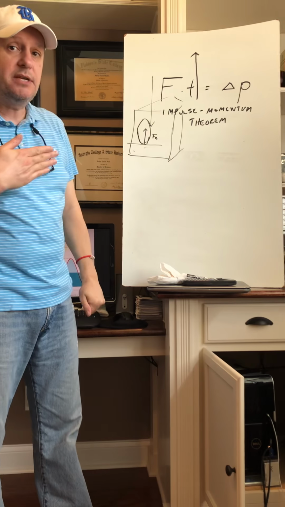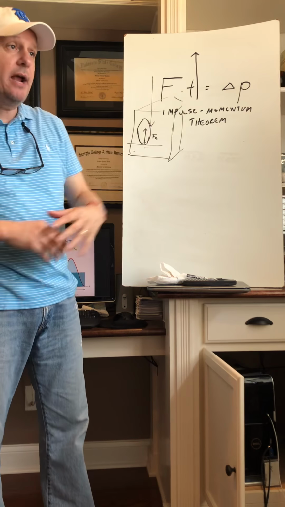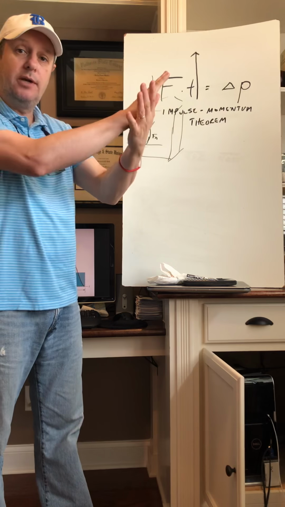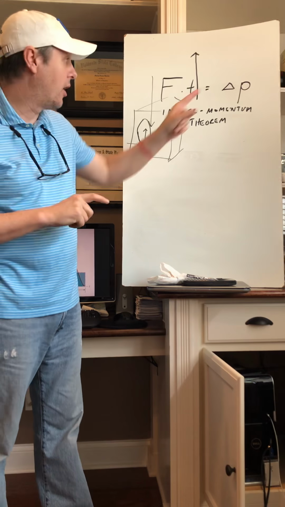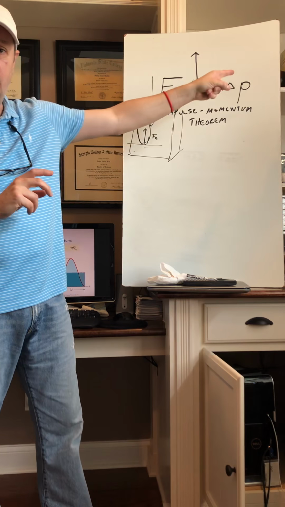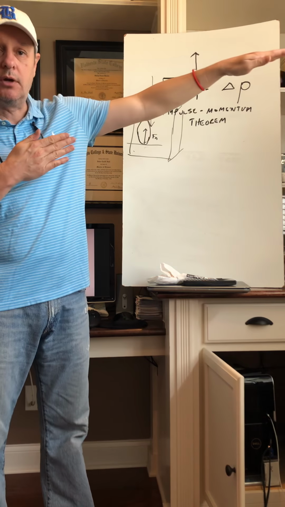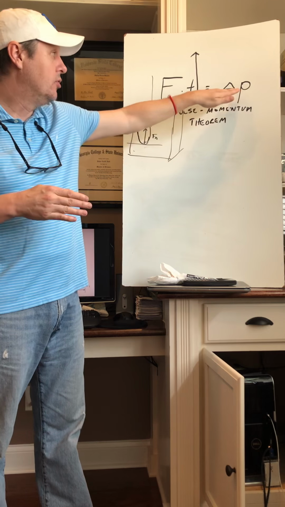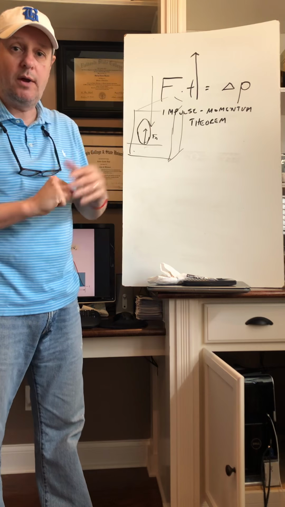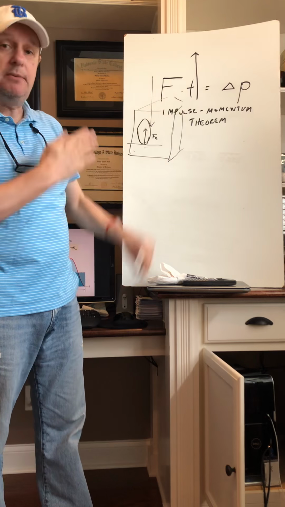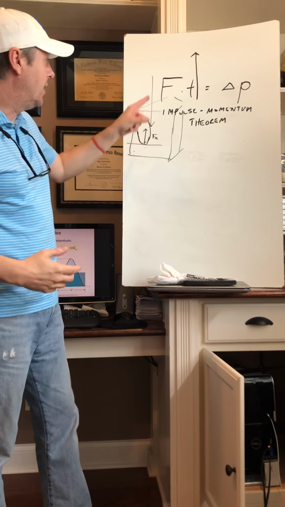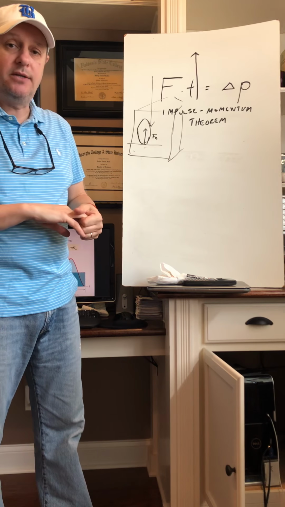If you don't have a seatbelt on, if you don't have an airbag, your body is going to go forward and it's going to stop one way or the other. You're not going to keep going on and on forever. It's not going to be Newton's first law and a body in motion stays in motion forever. You're not going to keep flying through the air forever. You're going to come to a stop one way or the other.